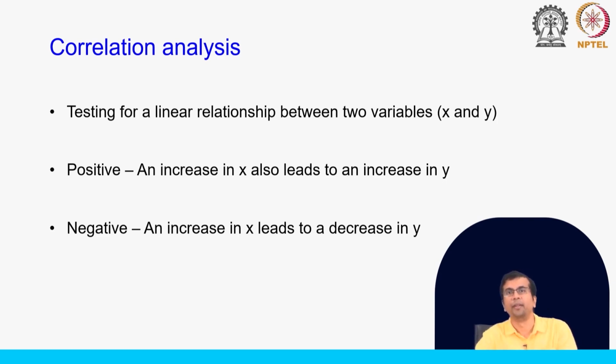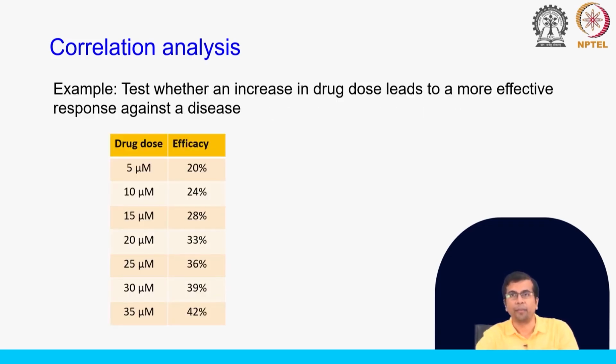Okay, so, as before, I think it would be helpful if we start with a very simple example, and again an imaginary example in this case, and we can talk about correlation. In this example we are testing whether an increase in drug dose leads to a more effective response against a disease. Let us imagine we are testing a drug and we want to finalize the dose of that drug.